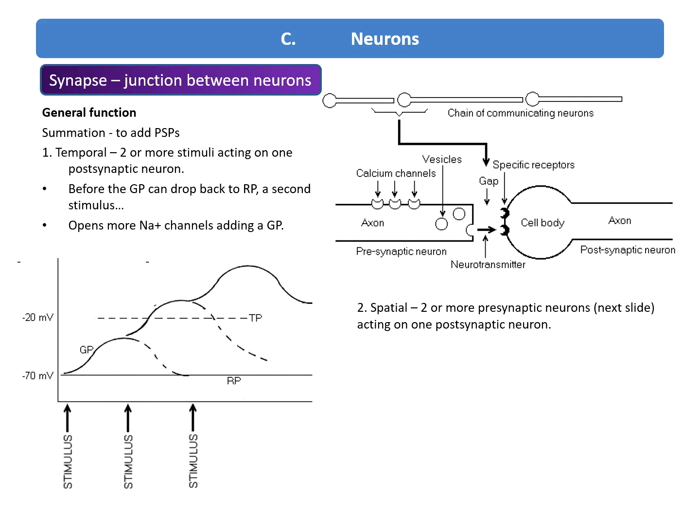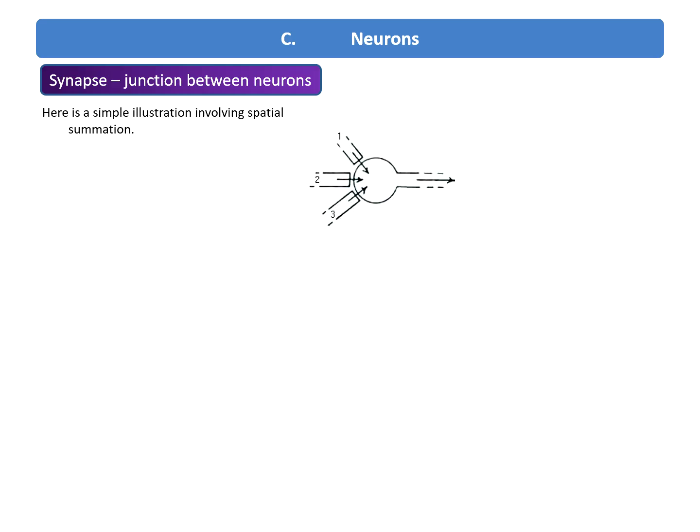Spatial summation, on the other hand, involves two or more presynaptic neurons that act on the neuron. Spatial means space. The synapses are separated by space. Here's a simple illustration involving spatial summation.